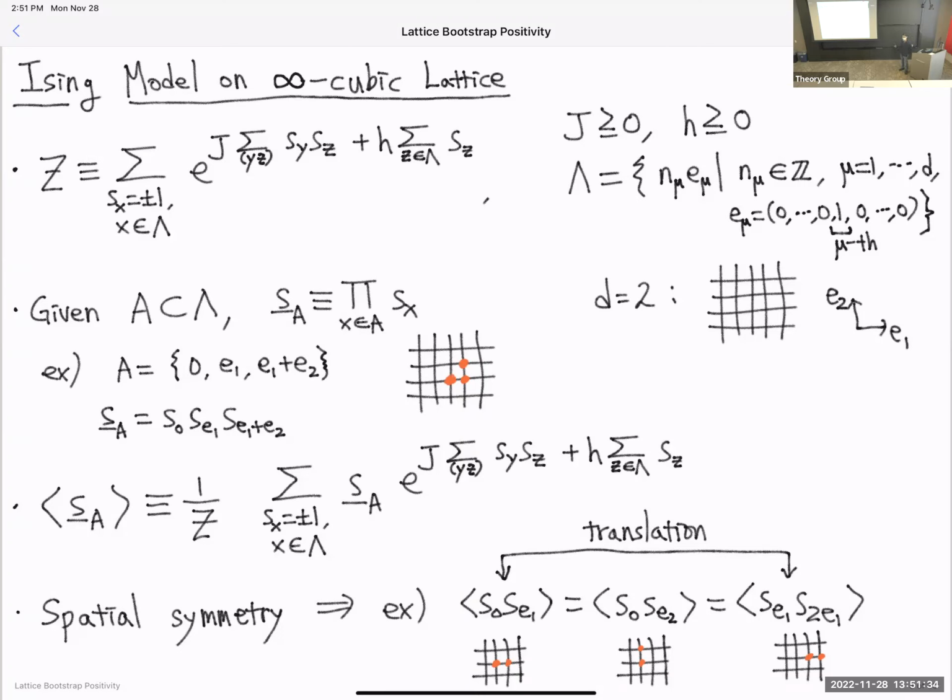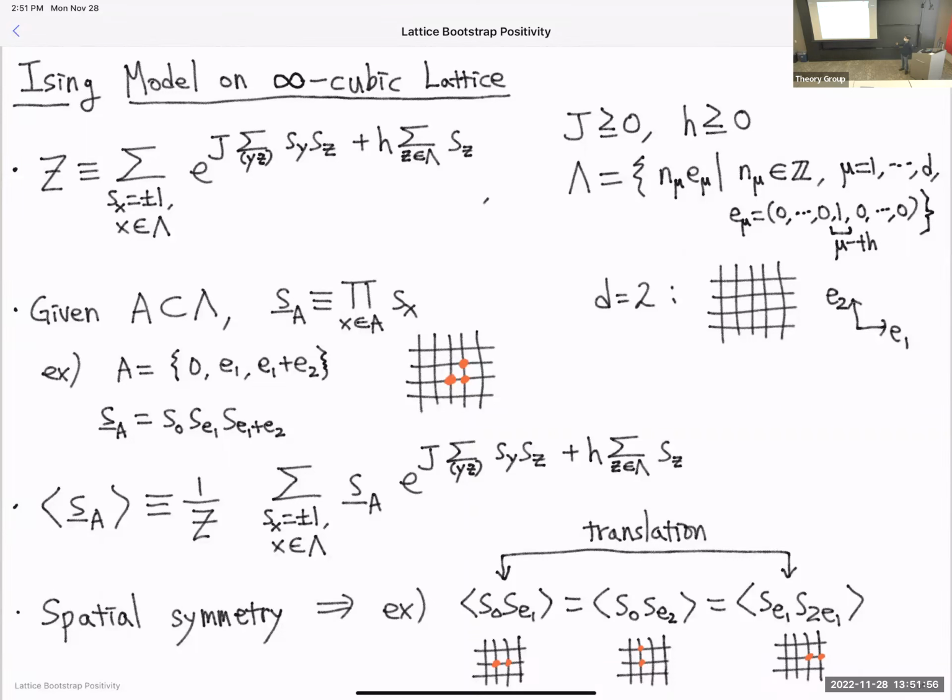Just like in the single integral toy example, we are going to have a measure factor now. In that case, the measure factor was e to the minus x squared minus x fourth. In this case, we have this measure factor. The first term is the nearest neighbor interaction, so this spin sum is only over the nearest neighbors.